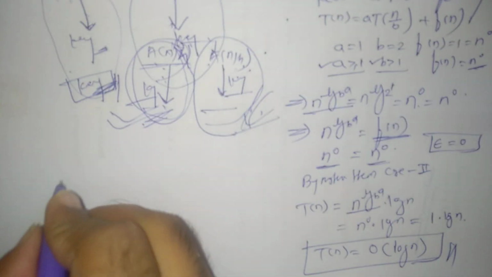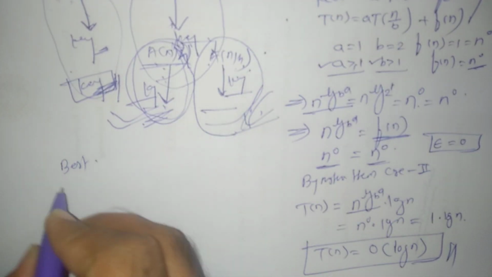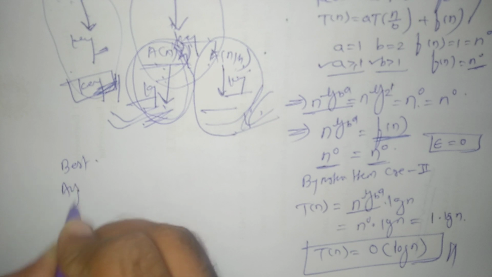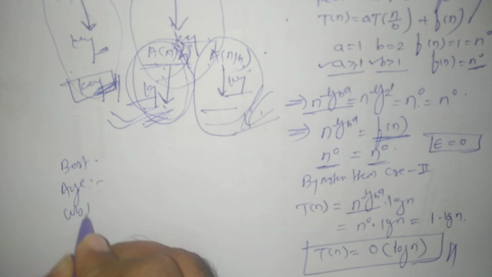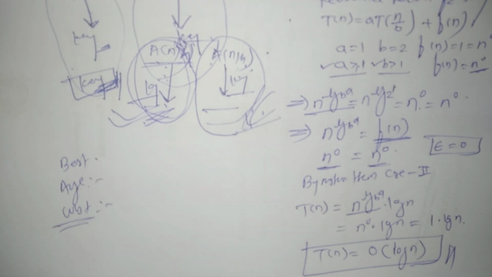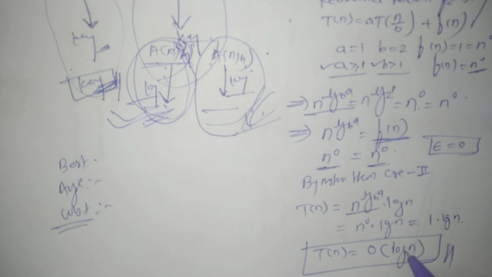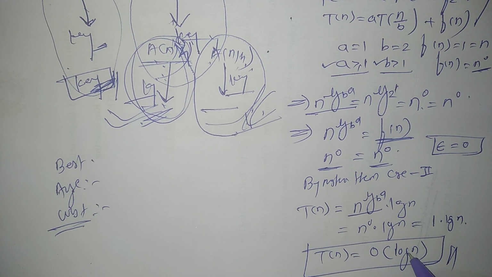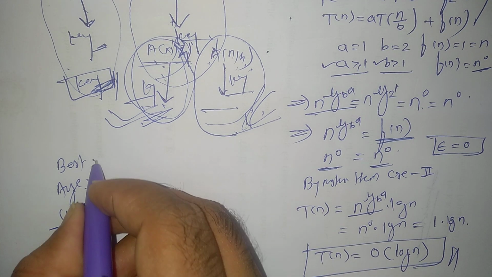Then I will check the best case, the average case, and the worst case. I have to compare all 3 different cases and state what the complexity is in the best case, in the worst case, and in the average case. In the best case, binary search is always 1.